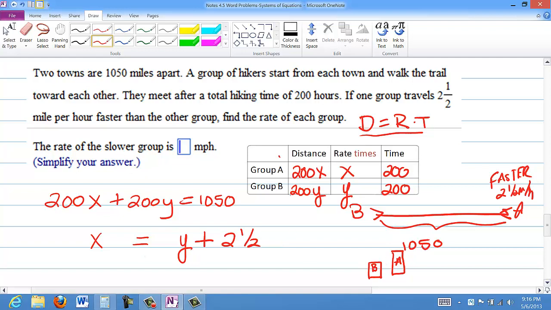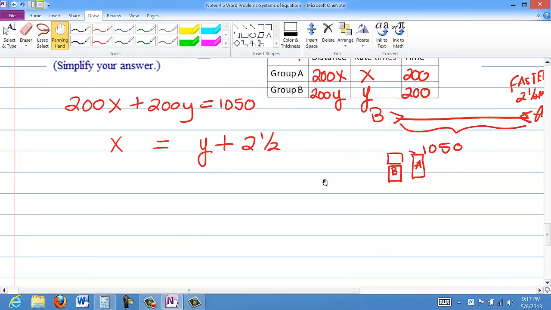Now, since x was my A, by adding 2.5 to this, I've now made the values equal. So those are my two equations. Now I'm going to have you pause and go through and solve this problem, see what you come up with, and then we'll go through it.